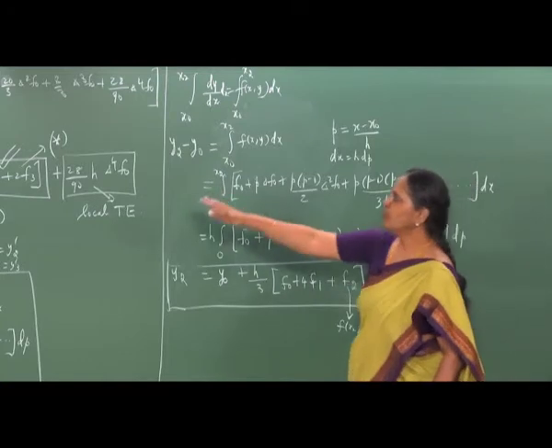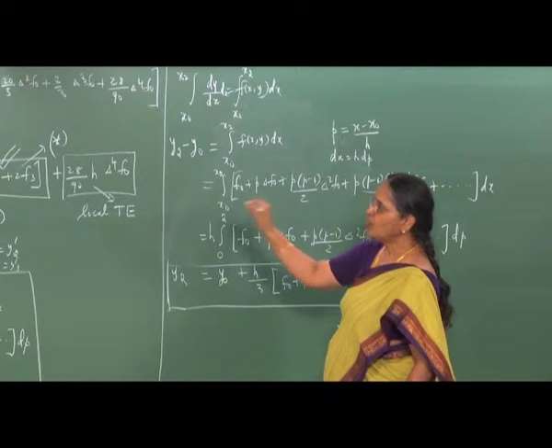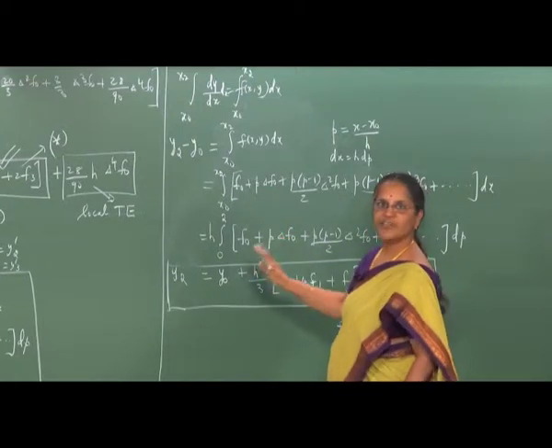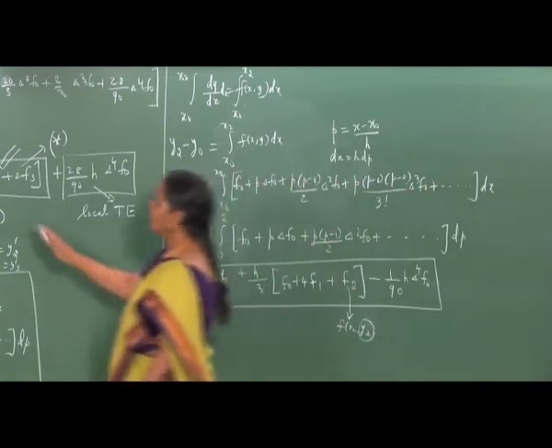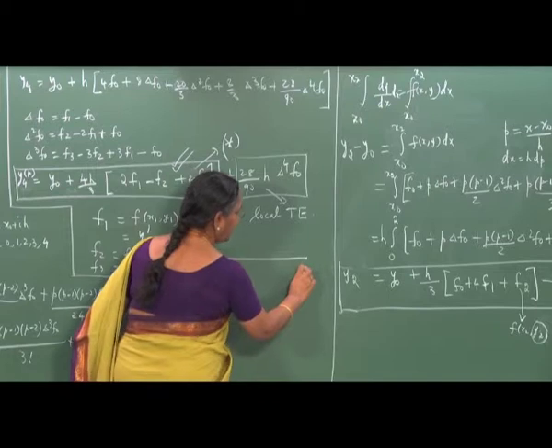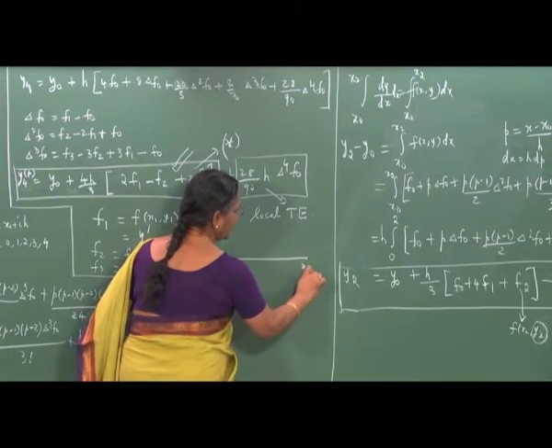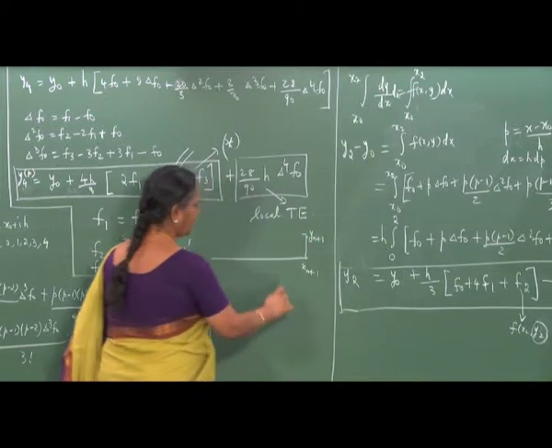So, let us now properly denote the nodes and write down in general what the two methods are. Say in the first method, I am required to compute the solution at xn plus 1, which is yn plus 1.